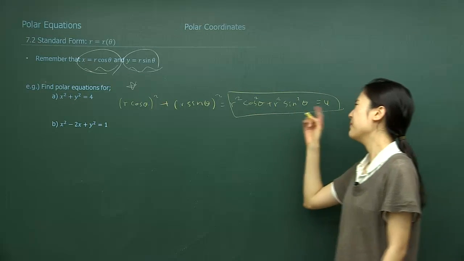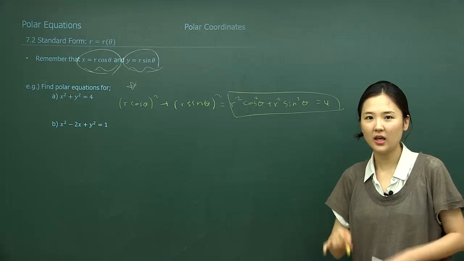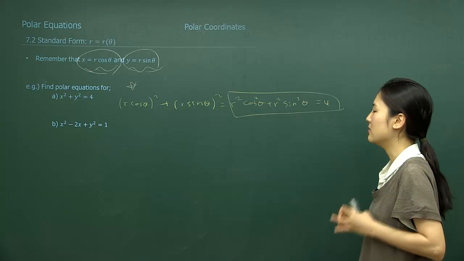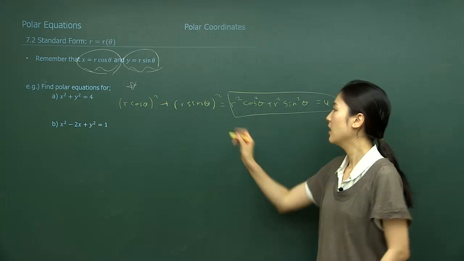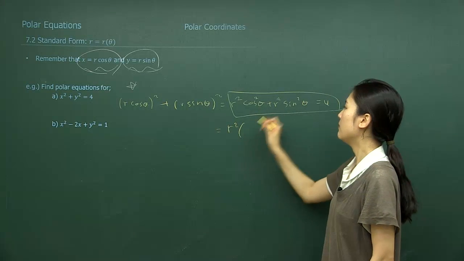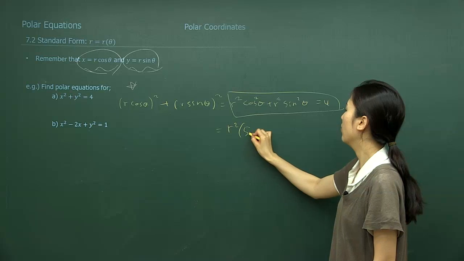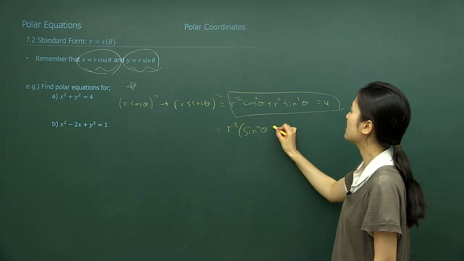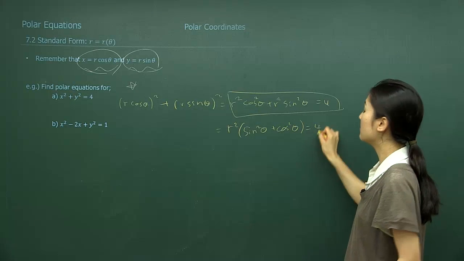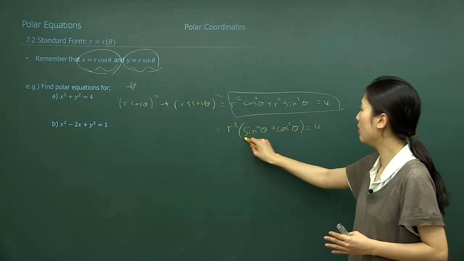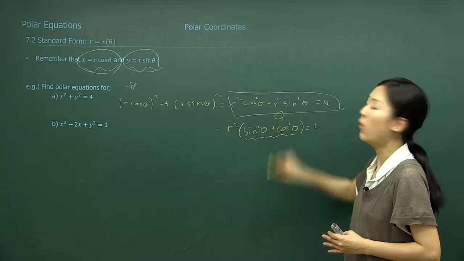However, we can't just keep it like this. We have to use other details that we know about sine and cosine to simplify this. You do know that when you factor out the r squared, the remaining terms, the sum of sine squared and cosine squared, based on the identity, should equal 1, right?